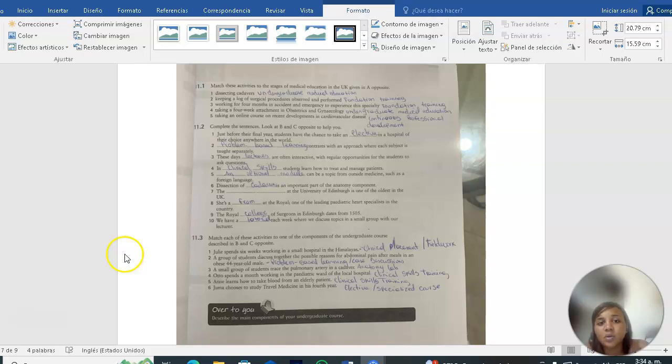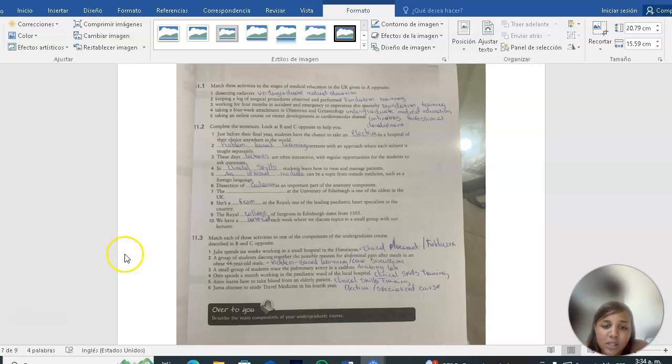Complete the sentence. Look at B and C opposite to help you. Just before their final year, students have the chance to take an elective in a hospital. Problem-based learning contrasts with the approach where students study subjects in turn. These days, lectures are often interactive with regular opportunities for students to ask questions.